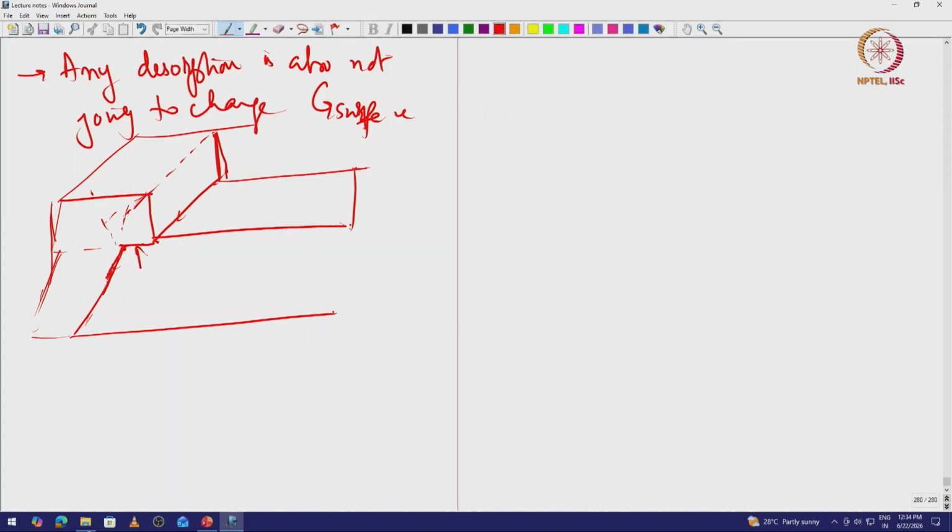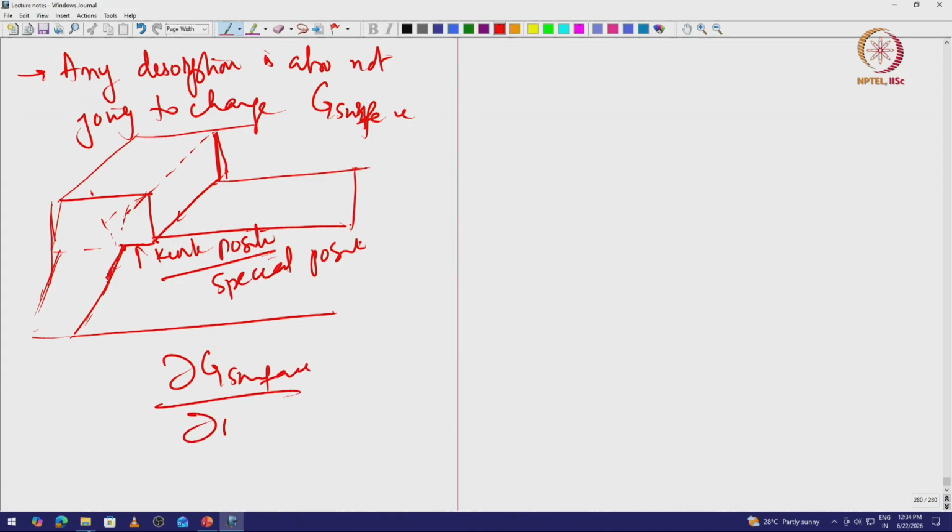So, this is my kink position and that is a special position. So, if I look at dou G surface by dou n, right, that is equal to 0, right. So, during growth I can keep on adding atoms and subtracting atoms from this position, right.